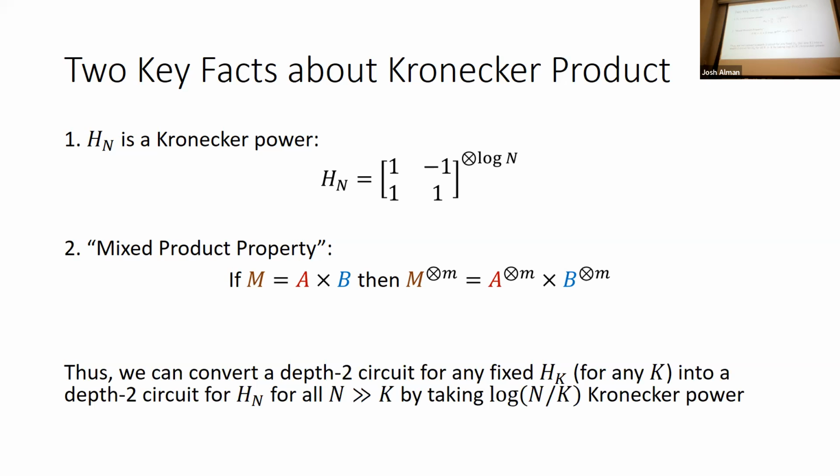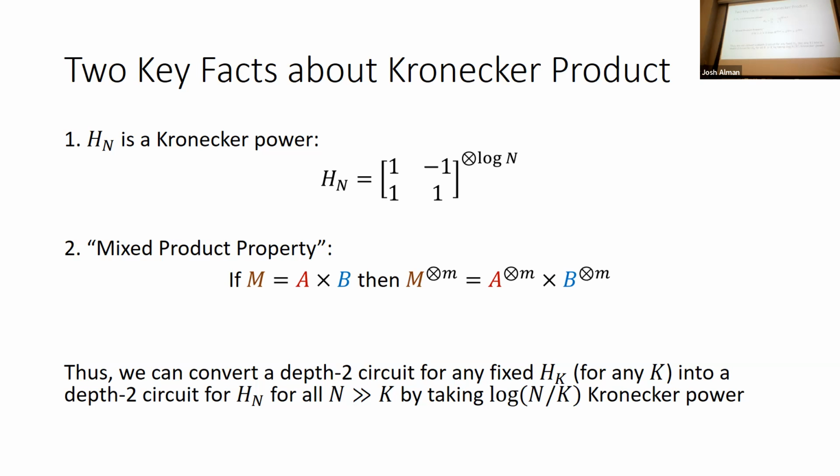The idea is that, in order to construct a depth 2 circuit for arbitrarily large Hadamard transforms, it suffices to make a depth 2 circuit for any one particular Hadamard transform and then take Kronecker powers of it. So if we had a circuit for HK for any fixed K, we can take the Kronecker power to get Hn for any n, and our circuit would be just Kronecker powers of the 2 matrices we used for our fixed one.